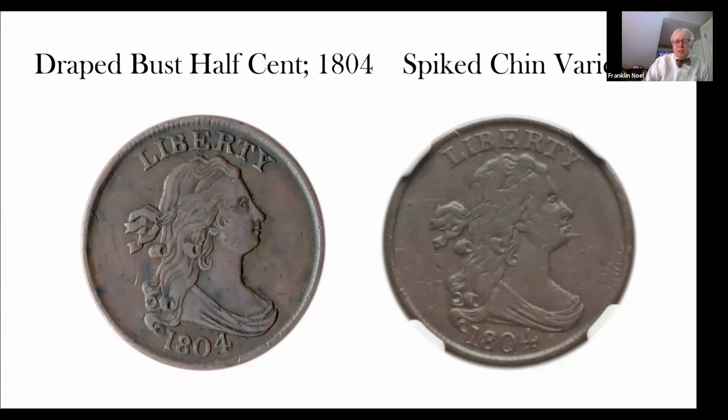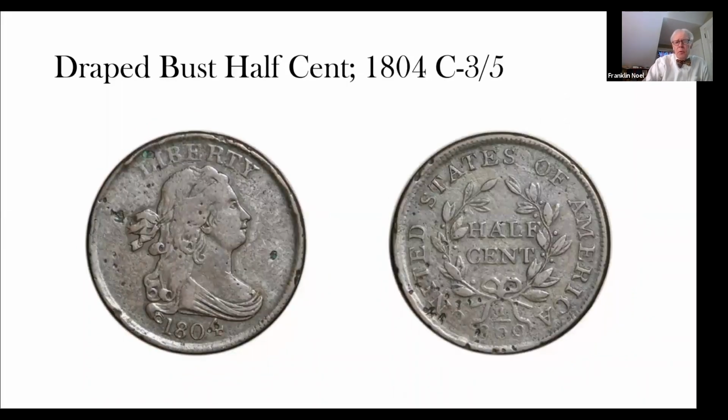Much ink has been spilled trying to explain what caused the damage which makes the spiked chin the spiked chin. The short answer is we don't really know, but we do have a fairly good idea of when it occurred. We know this because of what is sometimes called the spikeless chin.